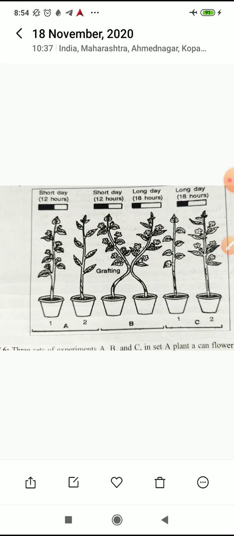What is the nature of the stimulus? Transmission of the stimulus indicates that it is in the form of some chemical.